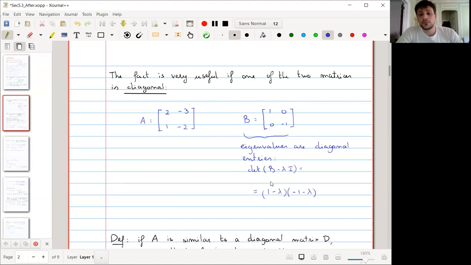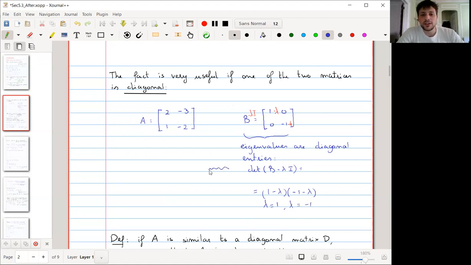The reason is that for a diagonal matrix, I can just subtract lambda to write B minus lambda the identity, and the determinant of B minus lambda the identity is just 1 minus lambda times minus 1 minus lambda. So the eigenvalues here are lambda equals 1 and lambda equals minus 1.